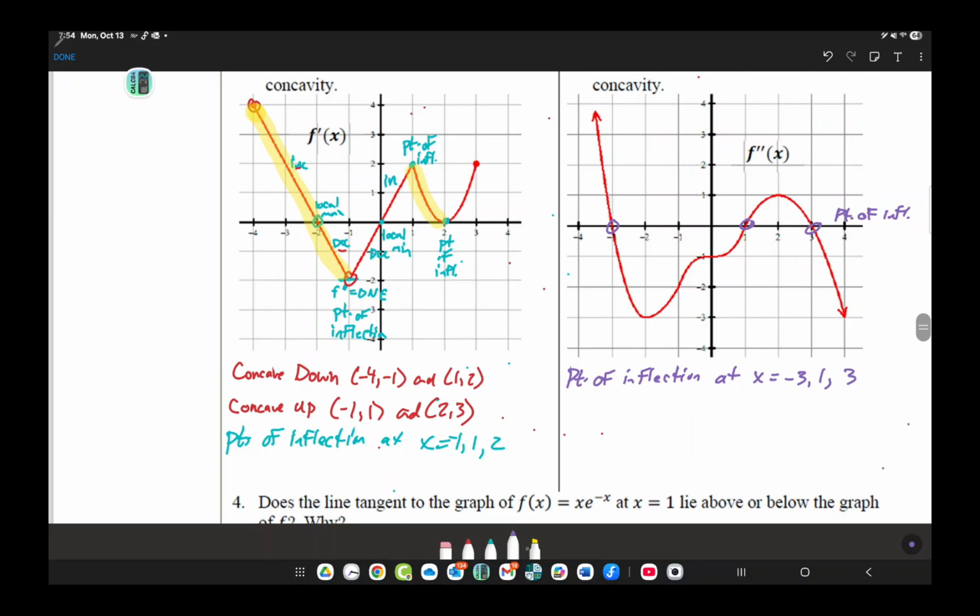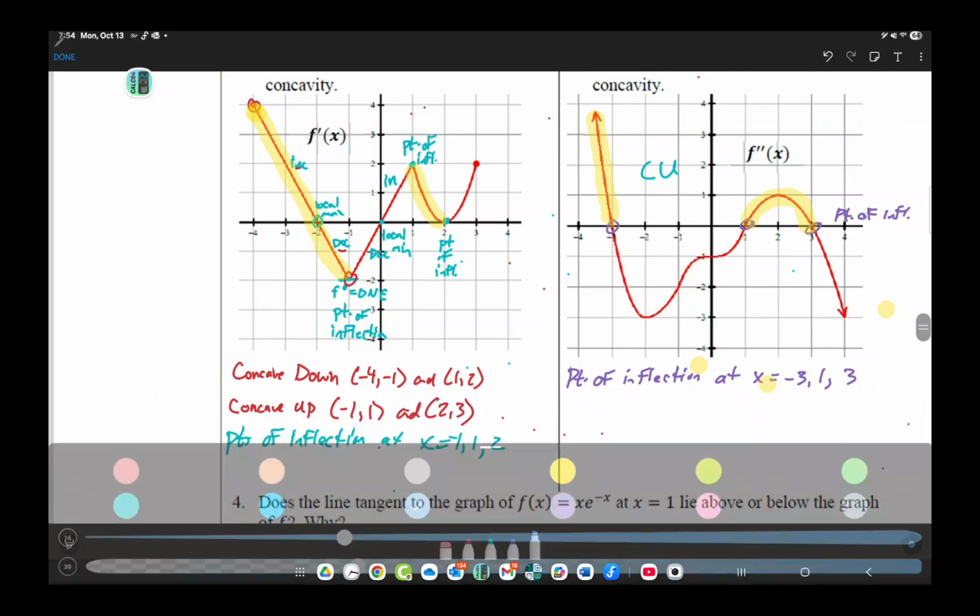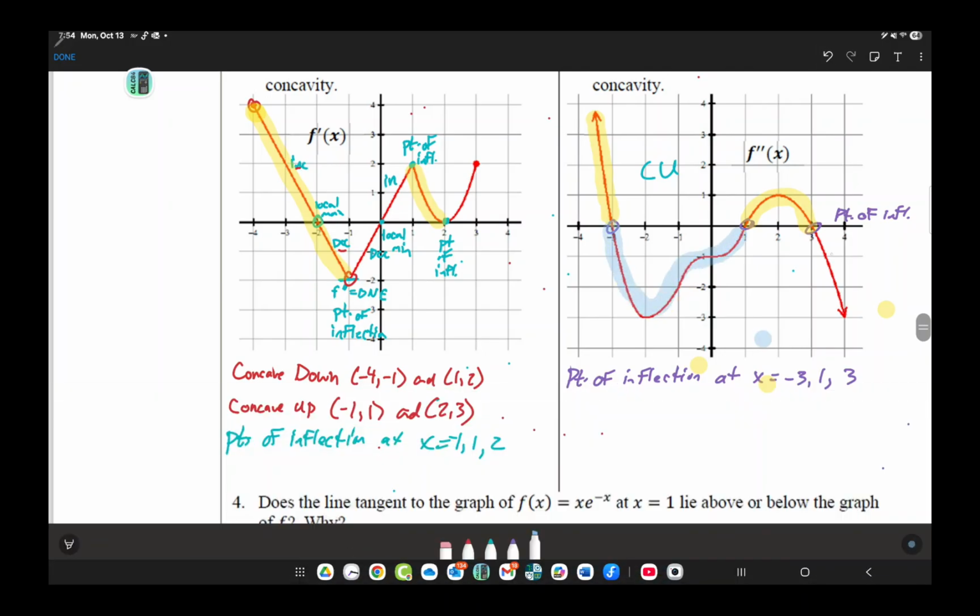And the easy part is everywhere above, right? That is concave up. Everywhere below, that is concave down. Easy enough to read.